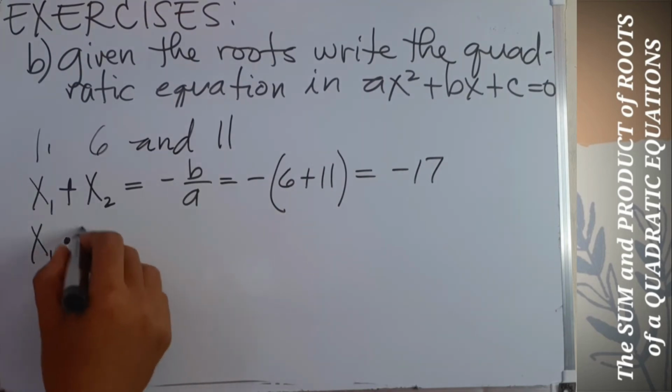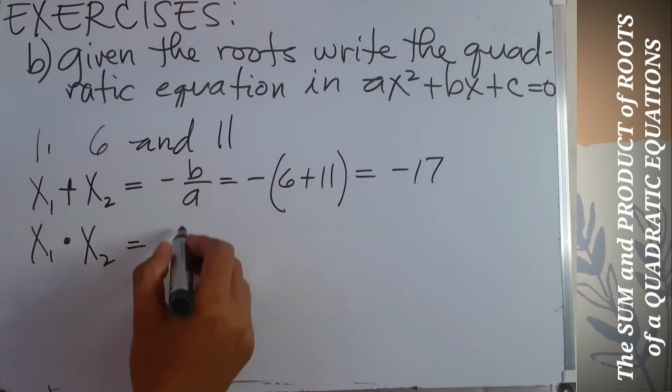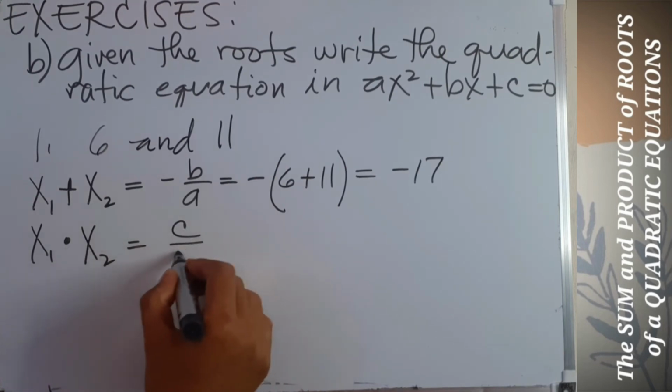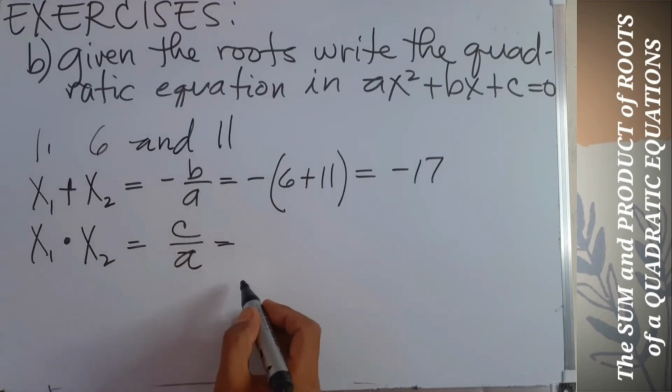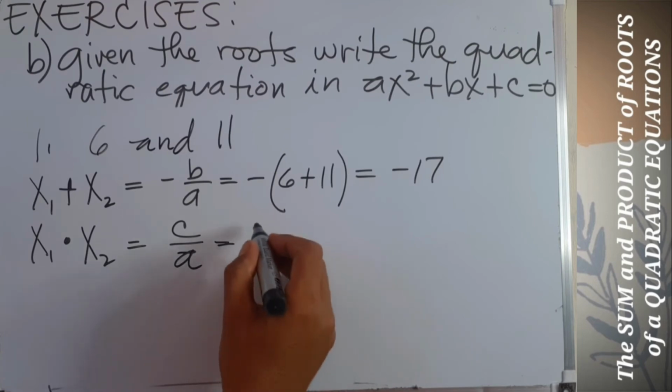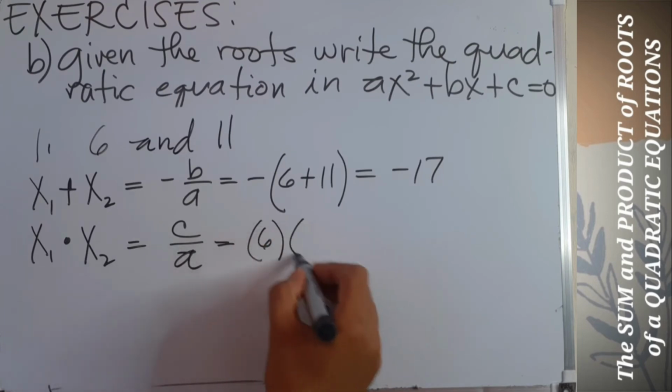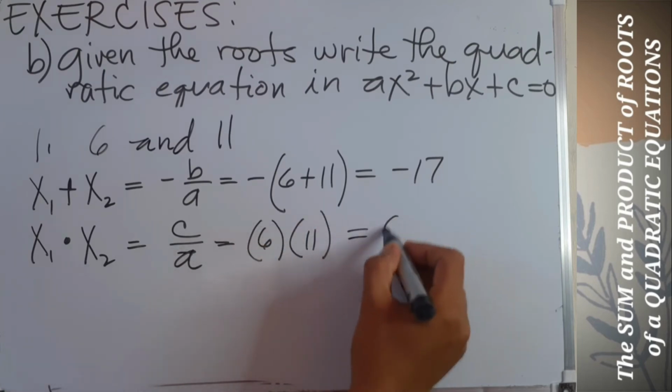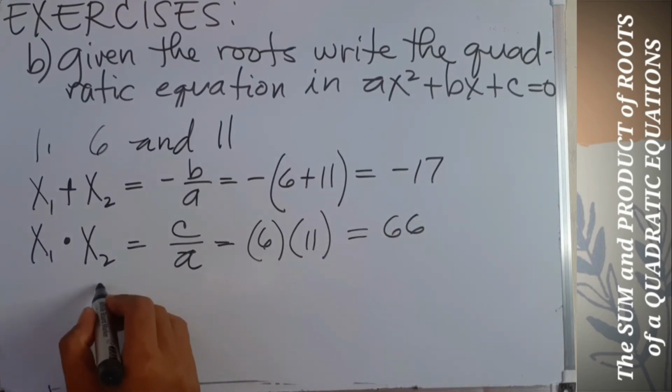The product of the roots, x sub 1 x sub 2 equals c over a equals 6 times 11 equals 66.